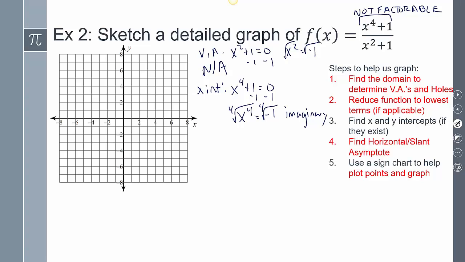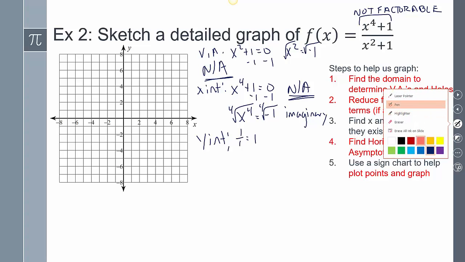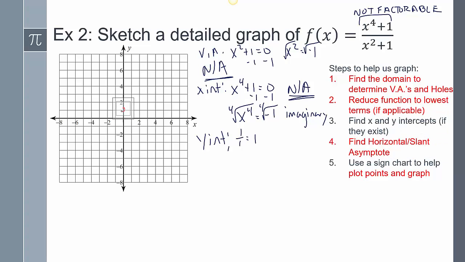It's impossible. So there's none. So there's no x-intercepts. Now for my y-intercepts. If I plug in 0 for x, you get 1 over 1, which is just 1. Yay, I have something. Okay, so I have my y-intercept.